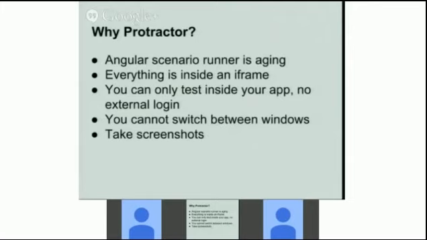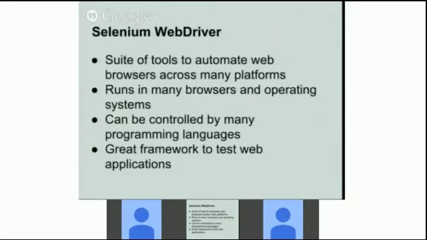And if you want to interact with something that is external to your application, let's say you need to log in, or maybe you need to open like 2 windows at the same time, you can't do it. It's whatever you can do inside that iframe, that's all you can test. With Protractor, it's more stable. You can take screenshots. And okay, I'm gonna show you the basics of Protractor.